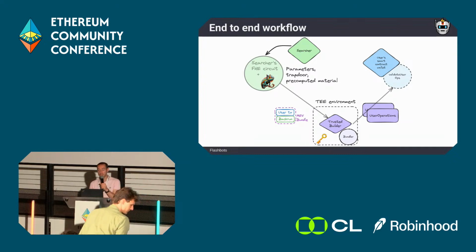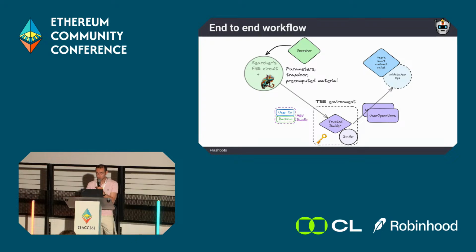And we're happy to trust the builder because it runs in a TEE. Most builders these days happen to run in TEEs, so we can trust them and give them secrets. That's an okay assumption. So the builder can decrypt whatever it received and pack that into a user operation that it sends to the user's smart contract wallet. So basically, we've closed the loop and we've solved our requirements.